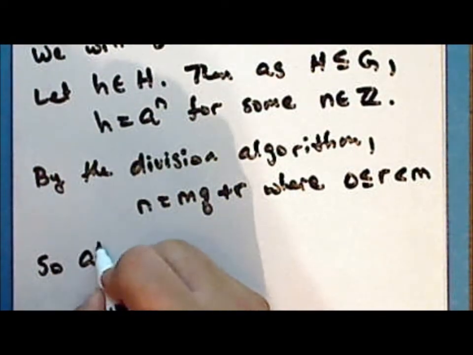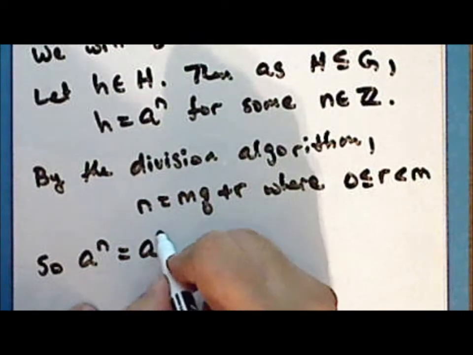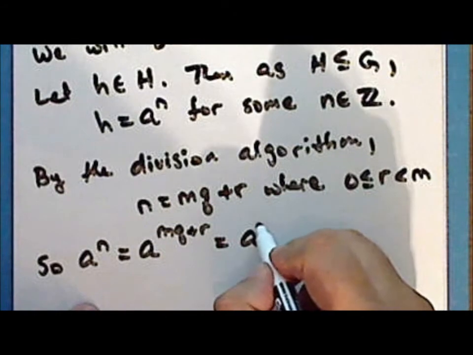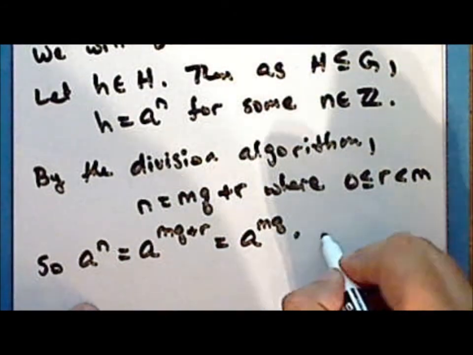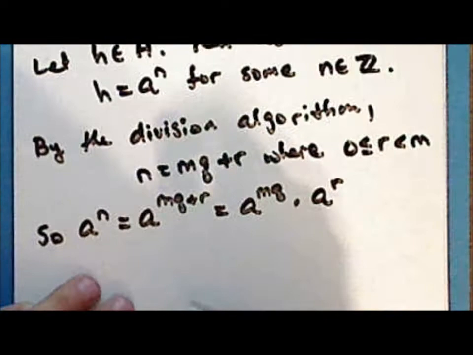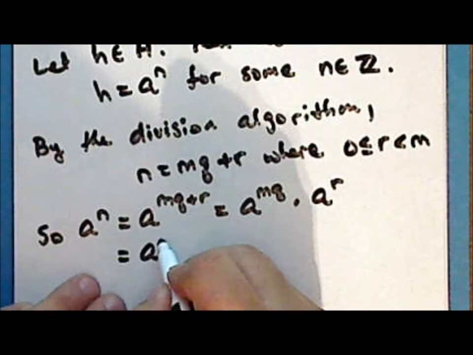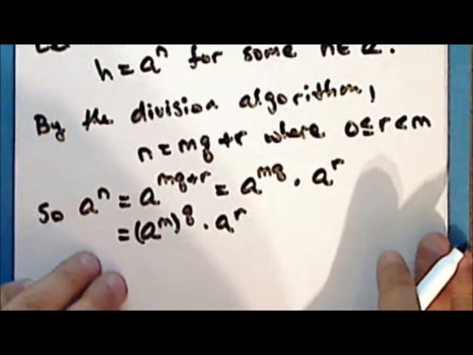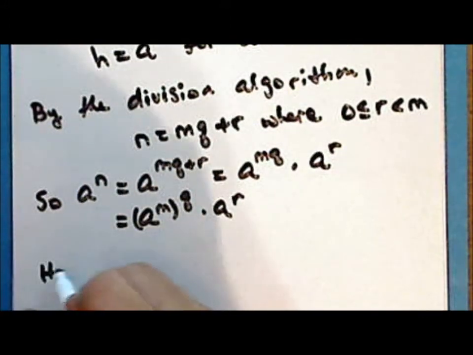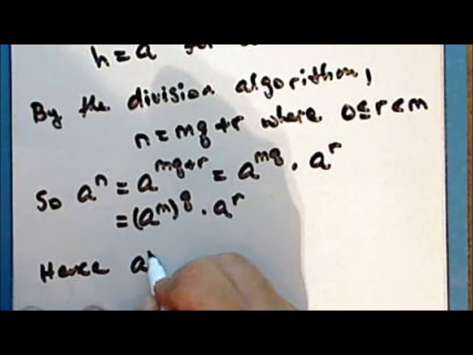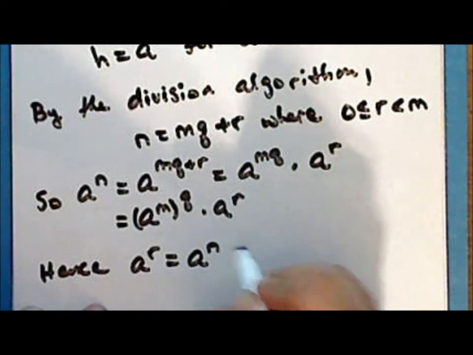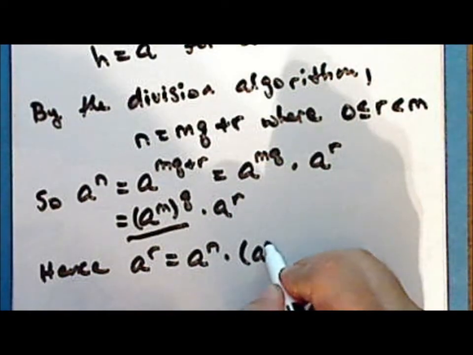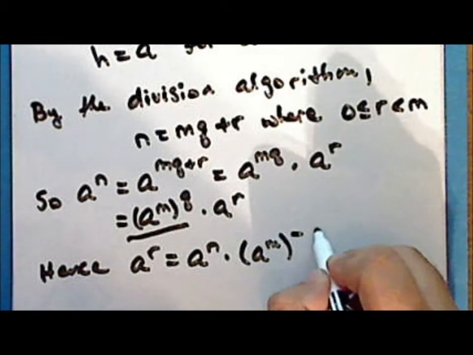And so a to the power of n is equal to a to the power of m times q plus r, which is a to the power of m times q, times a to the power of r. And this is (a to the power of m) to the power of q times a to the power of r. And hence, a to the power of r is a to the power of n times the inverse of this element, which is (a to the power of m) to the power of negative q.